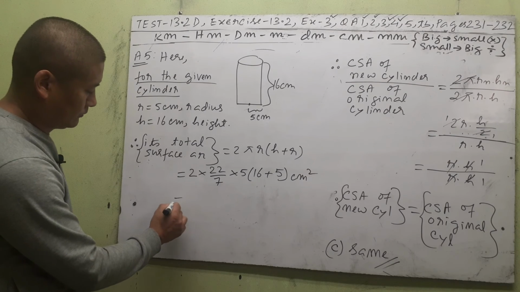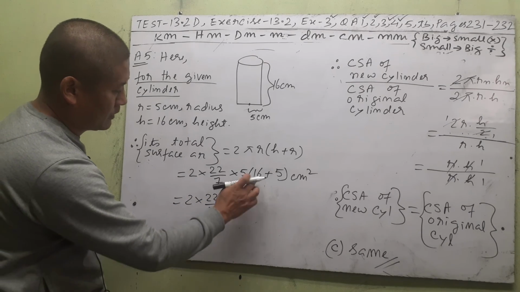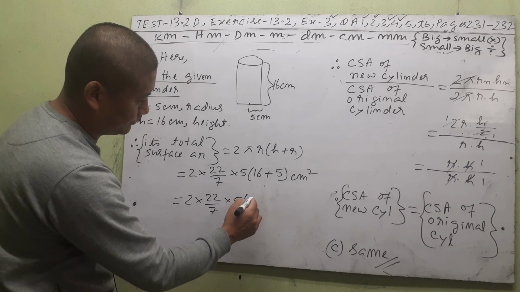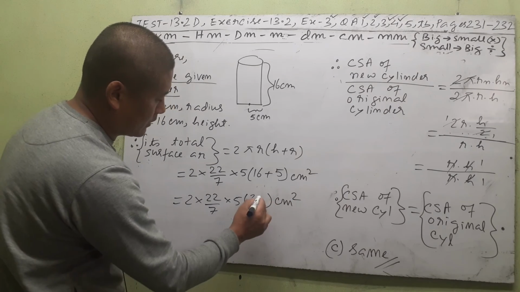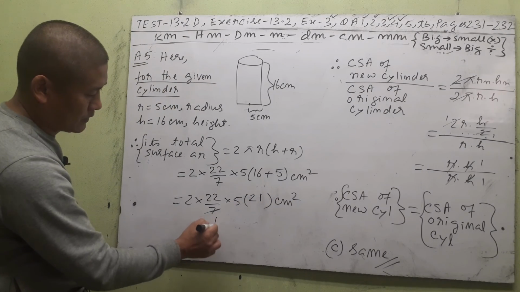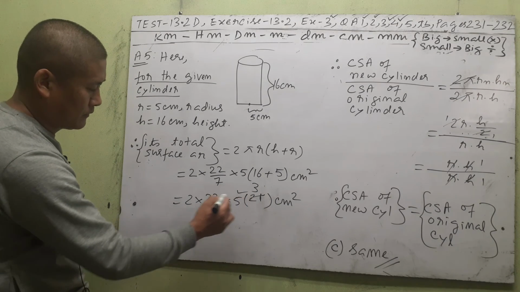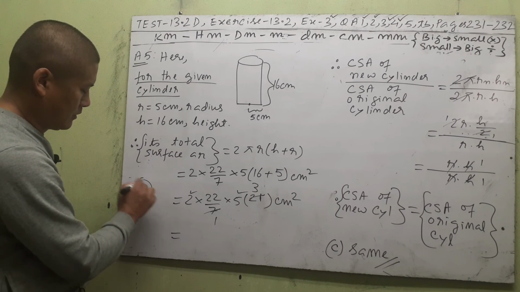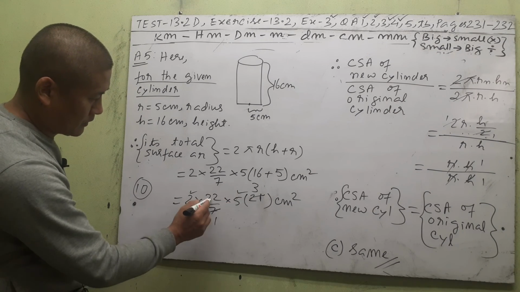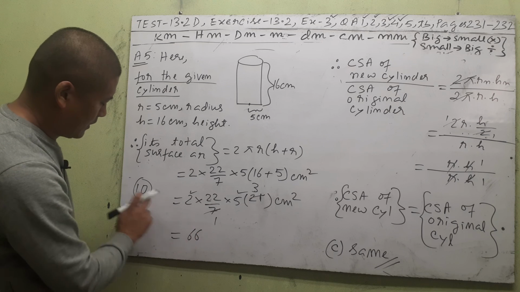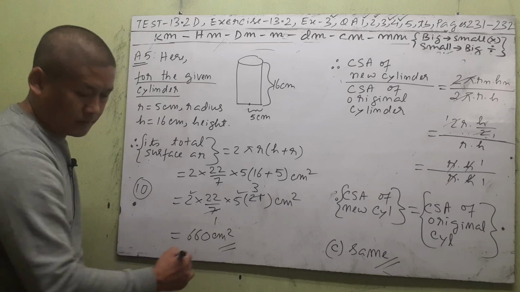So now 2 into 22 by 7 into 5 into 16 plus 5, which is 21. So 7 ones are 7, 7 threes are 21. Let's do this first. 5 twos are 10, so 1 0 is there, 22 threes are 66. Put 1 0 at the back, so 660 centimeter square.